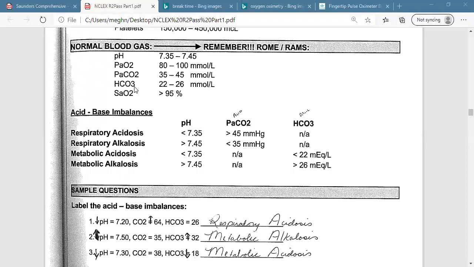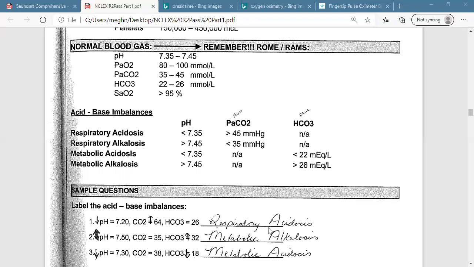If we remember it like this, it can help us. And if the patient has diabetic acidosis or ketoacidosis, the patient has a metabolic acidosis problem, right?